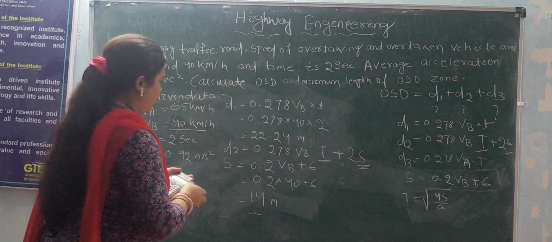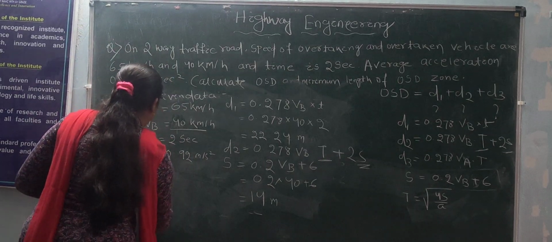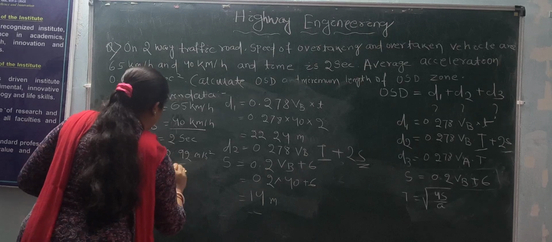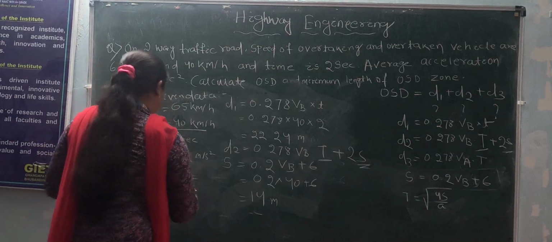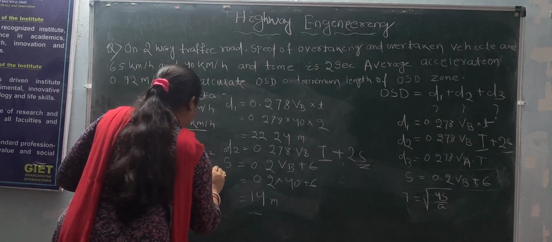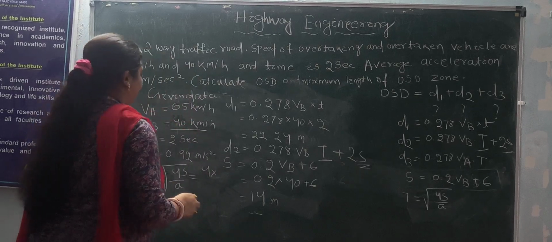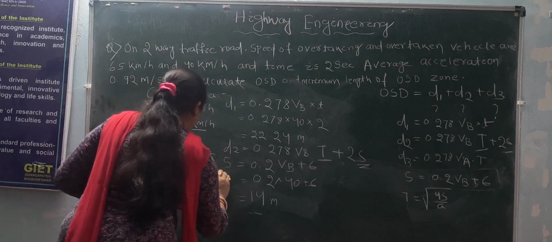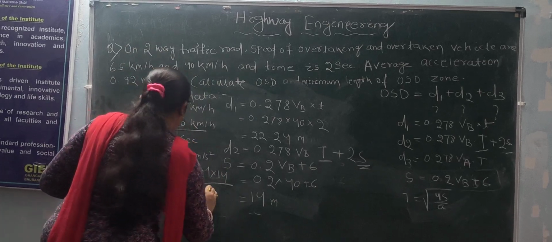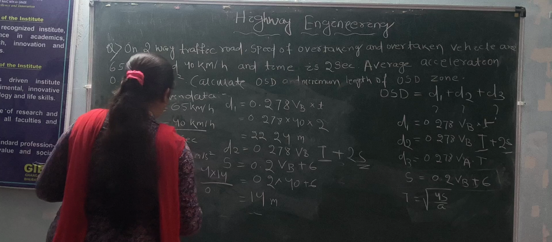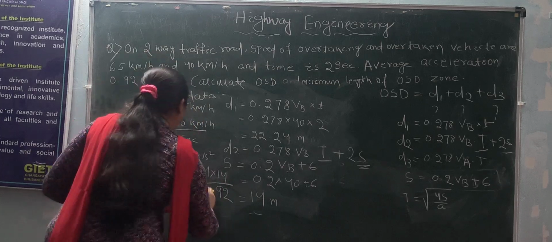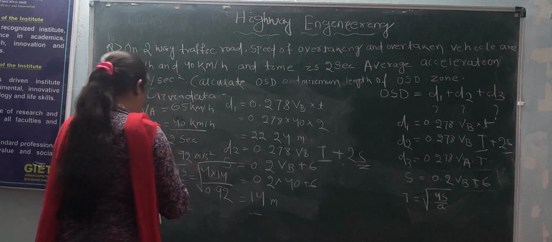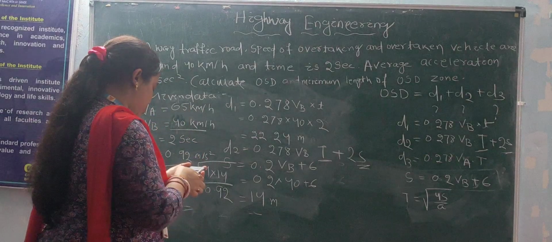Where then calculate the capital T. Formula is 4s divided by root over of 4s divided by a. Yeah, 4 into s is 40 divided by 0.92 of root over.